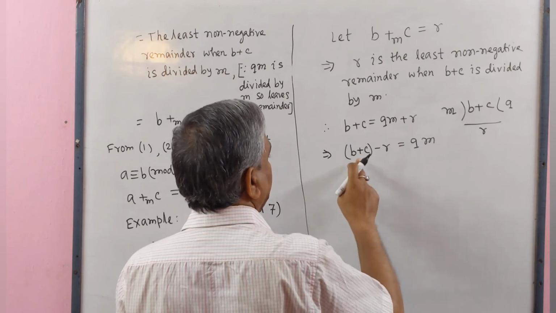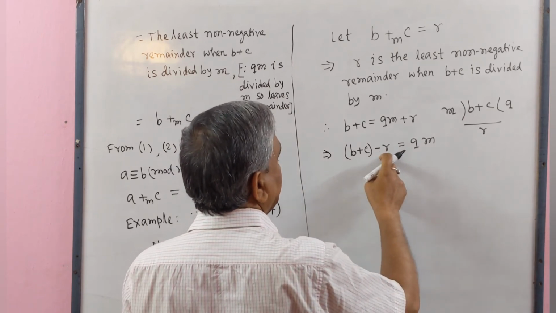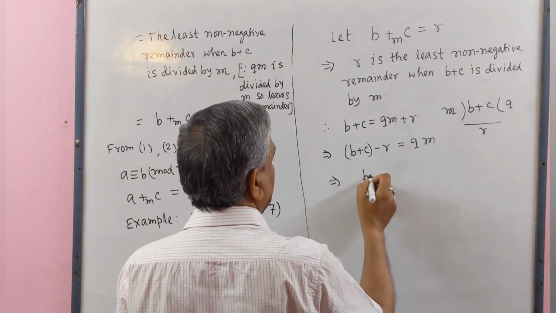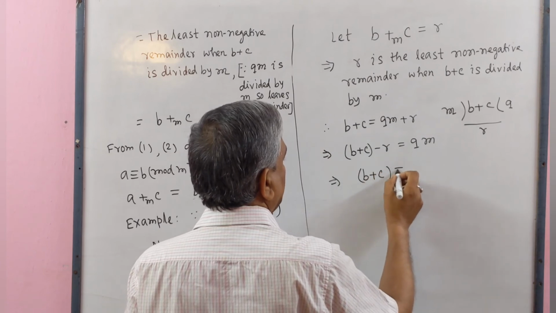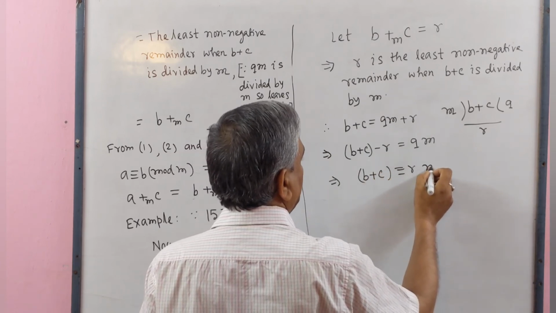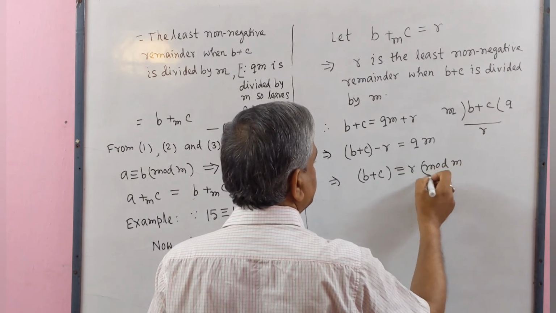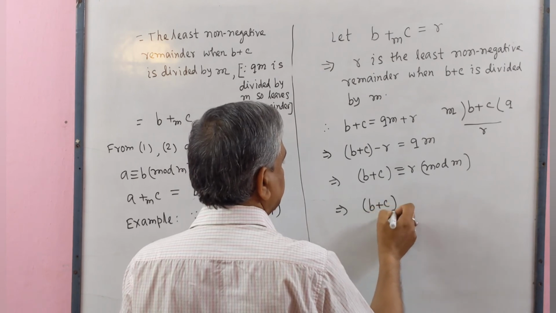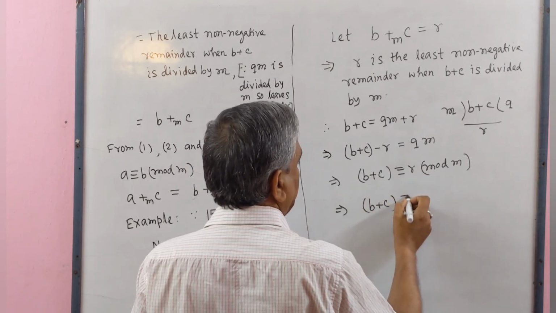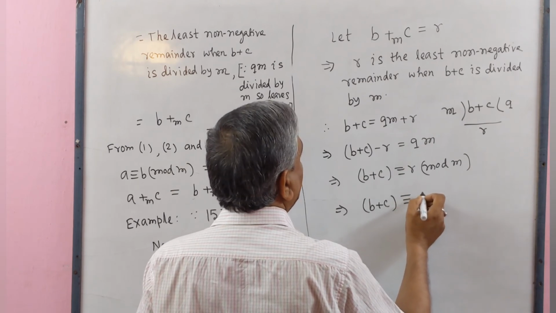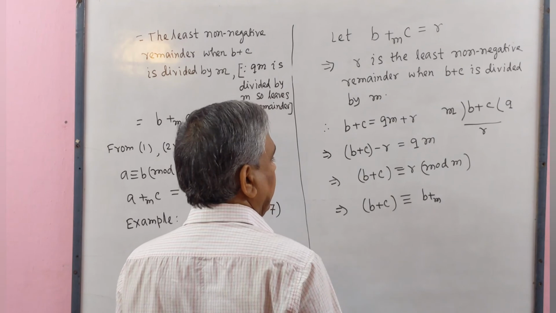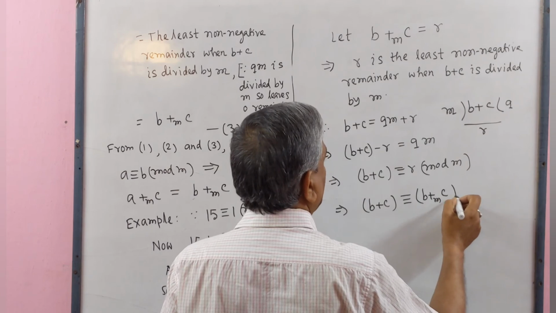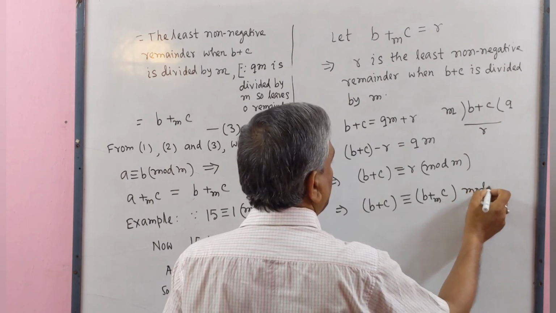That is, B plus C minus R is divisible by M, which means B plus C congruent R modulo M implies that B plus C is congruent, R means B addition modulo M, C modulo M.